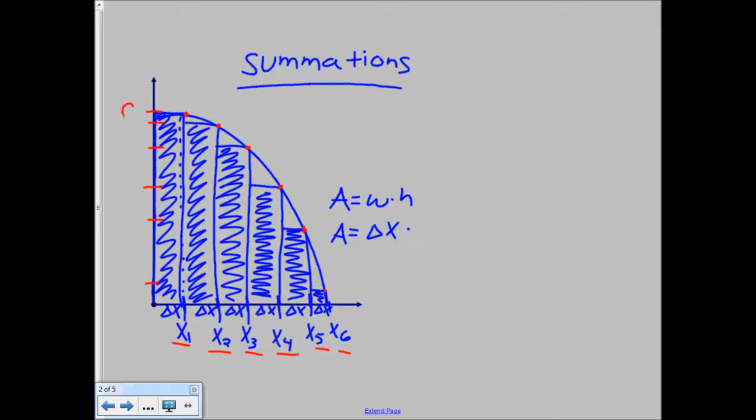So this is really just f of x1, f of x2, and so forth down the line. To find the area, you just do delta x times f of xi. Whatever rectangle you're in, you just want to multiply by the height of the rectangle, which is going to be represented by that function value.